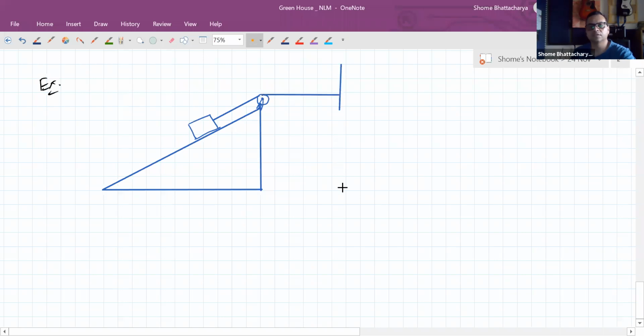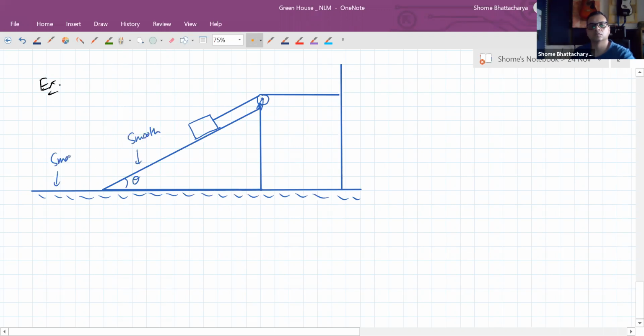Okay, so we have this kind of a situation now. All surfaces are smooth. This has a mass m1.